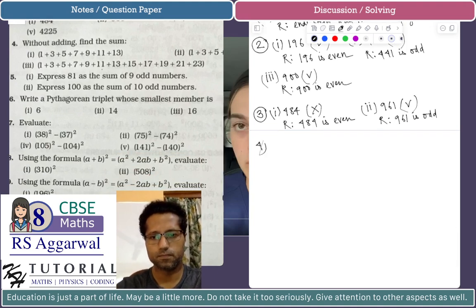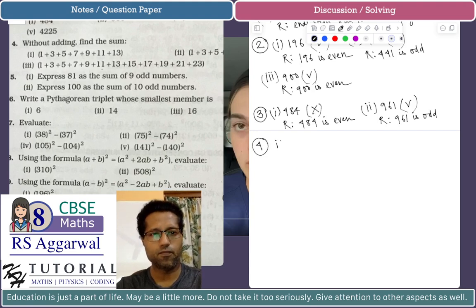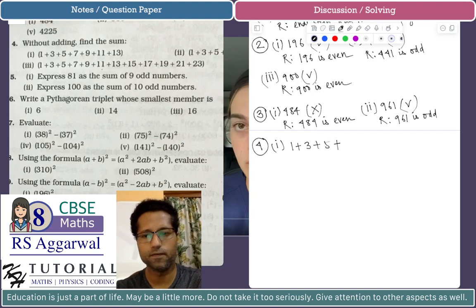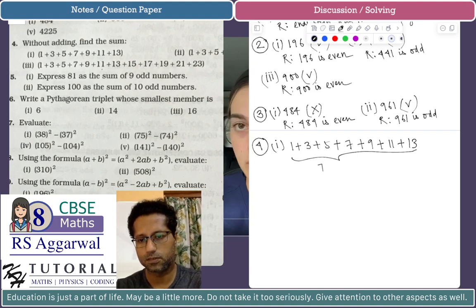Problem number 4. Part 1 says find, without adding, the sum. So it is adding consecutive odd integers 1, 3, 5, 7, 9, 11 and 13. How many odd consecutive natural numbers are here? 1, 2, 3, 4, 5, 6, 7.